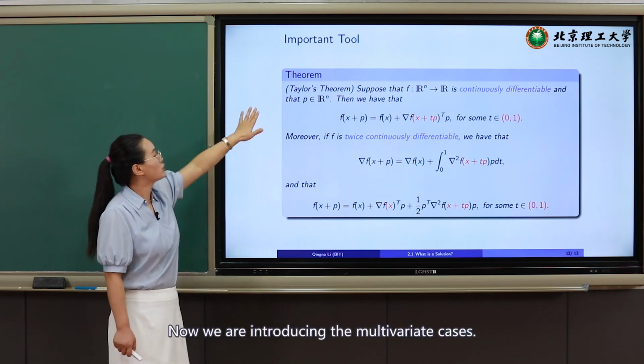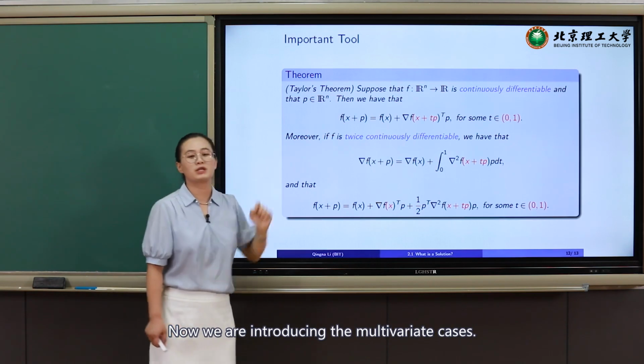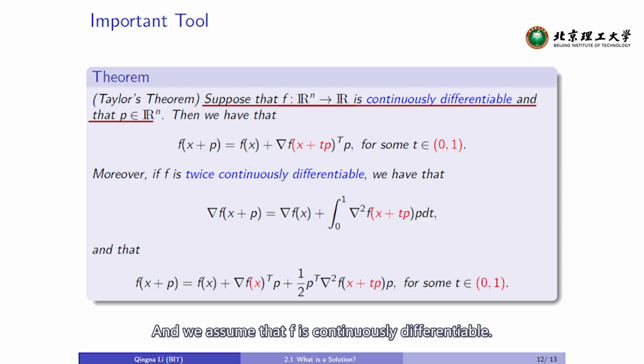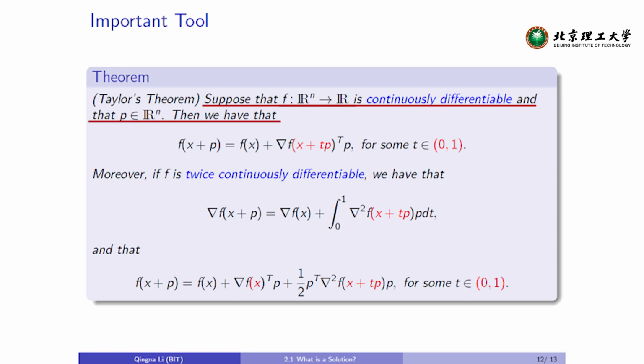Now, we are introducing the multivariate case. Notice here that the function f maps n-dimensional space R^n to a real scalar, and we assume that f is continuously differentiable.